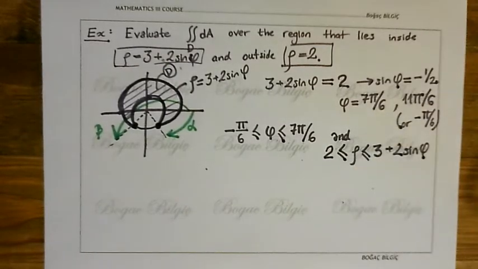The function that is the closest to the origin is the lower bound for rho, and the function that is the farthest from the origin is the upper bound. The range of phi increases from the lower limit to the upper limit as we enclose the region.